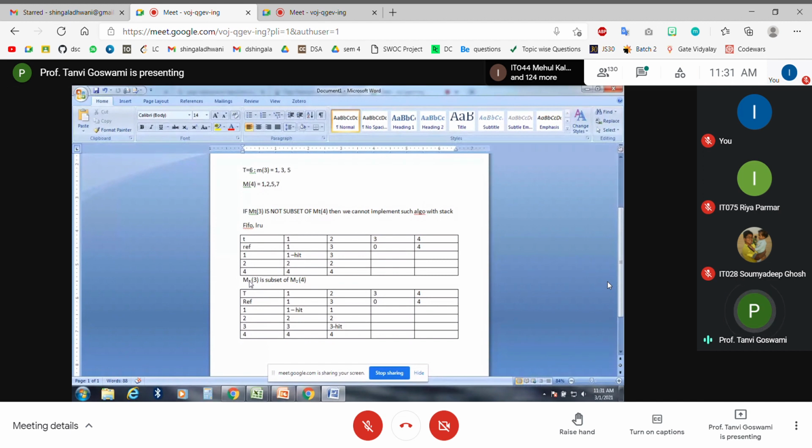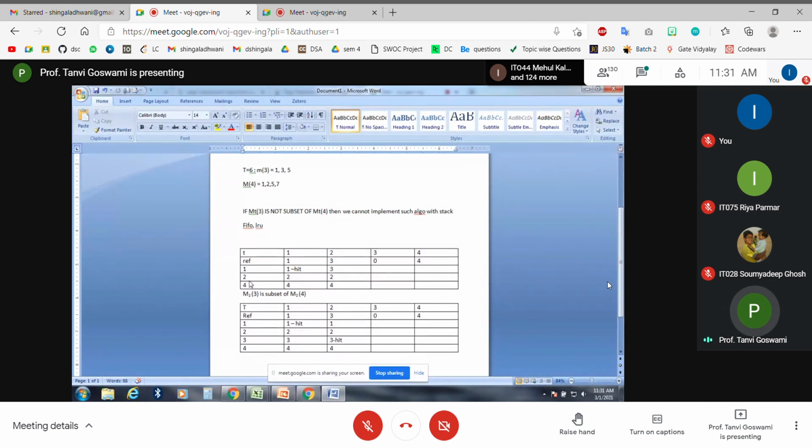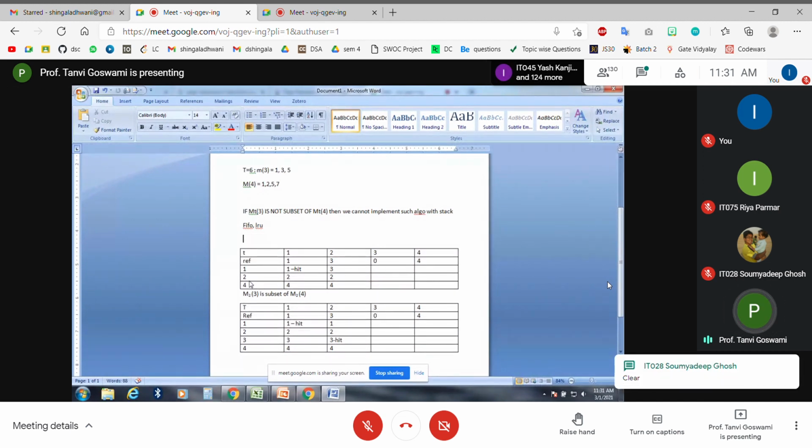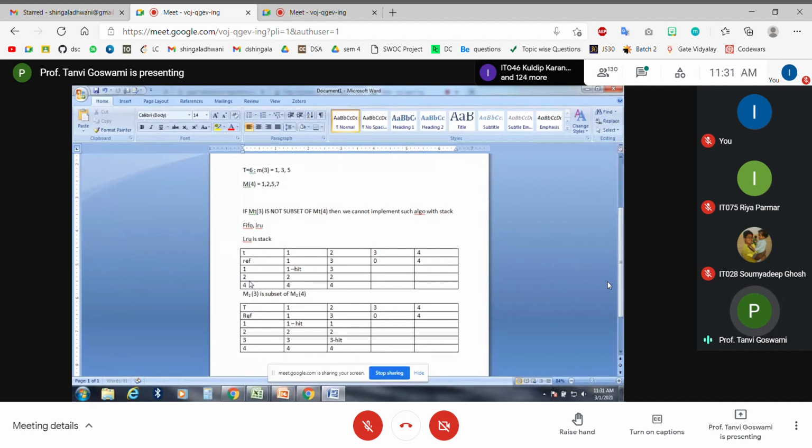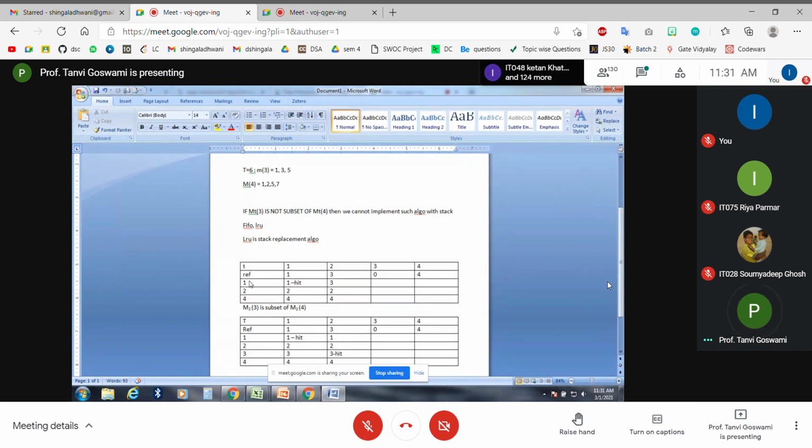Okay, so according to the analysis and according to the research, LRU is known as a stack replacement algorithm, which means that we can implement LRU with stack data structure, but FIFO is not a stack replacement algorithm.